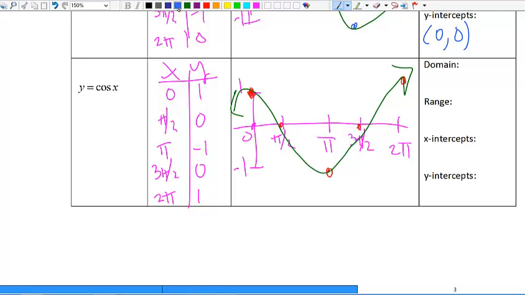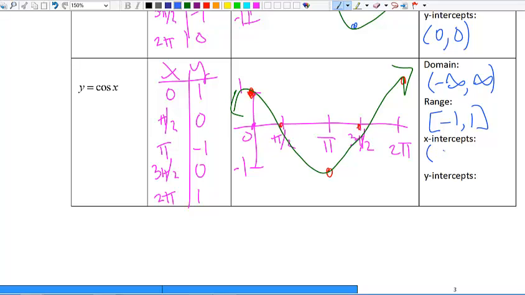And then domain, this time we're still looking at, since it's an infinitely expanding curve, we're just looking at one picture of it. It's actually going to be all real numbers, so from negative infinity to infinity. The range is still bounded between negative 1 and 1. Intercepts, it's got an infinite number of these, so I'll kind of start a pattern here.